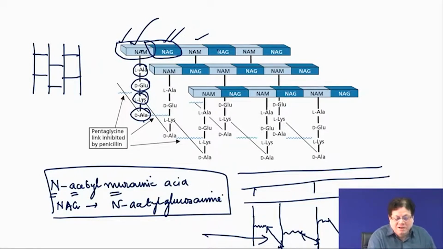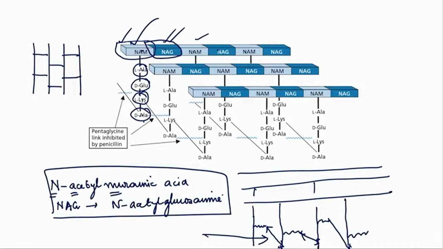So, all these rods or layers are made up of NAM, NAG, NAM, NAG, and then it also has to make this N-acetyl muramic acid and then form the peptide, all these. And this is the last reaction in the synthesis of the bacterial cell wall.